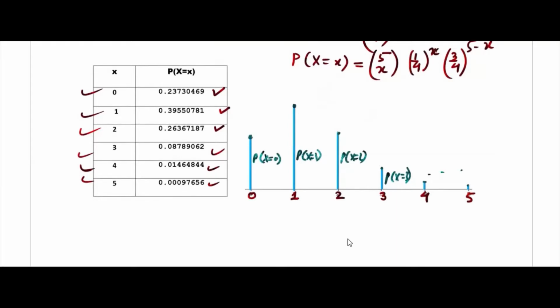All these things you can find. Even if you want, you can find F(1), F(2), F(3), F(4), whatever you want. F(3) means P(x up to 3). You have to add all the probabilities. You can find the probability of getting at least 2 heads, 2 or more. At least 2 means 2 or more, at most 3 means up to 3: 0, 1, 2, 3 you can add. All those things you can find.